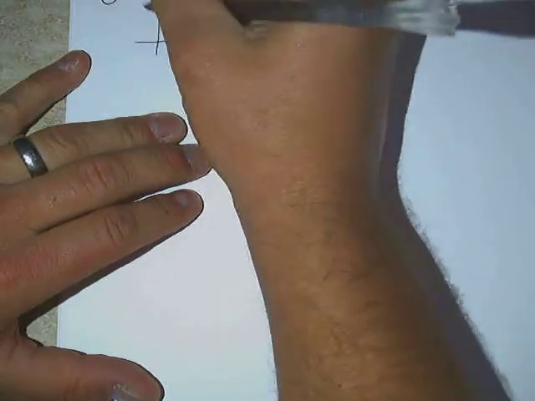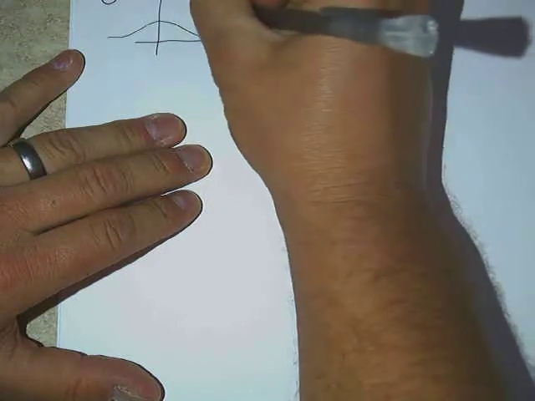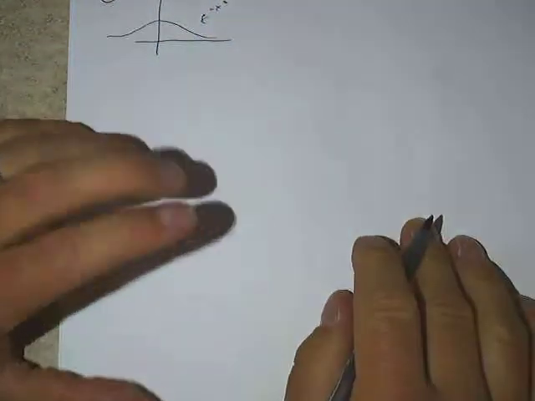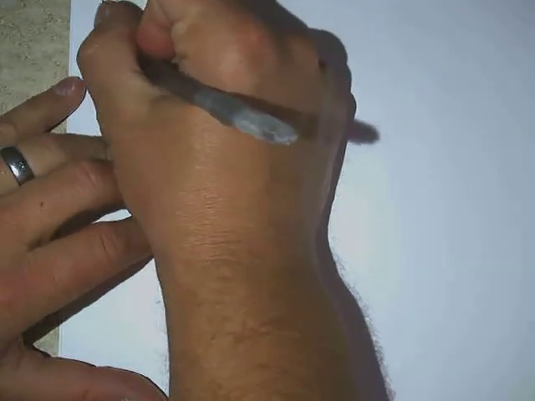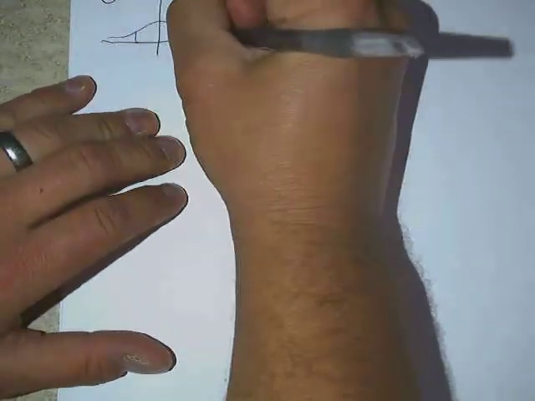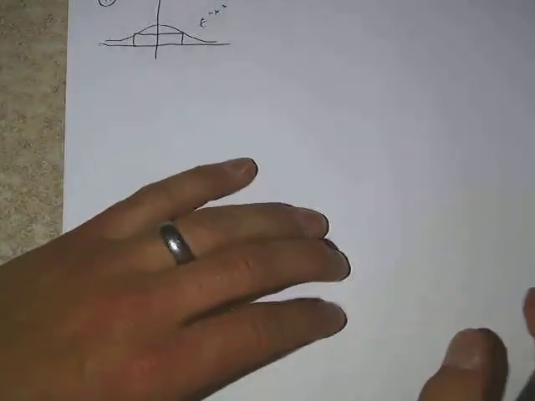On 41, we have a rectangle inscribed in the curve e to the negative x squared. And we ultimately want the maximum possible area of this rectangle.